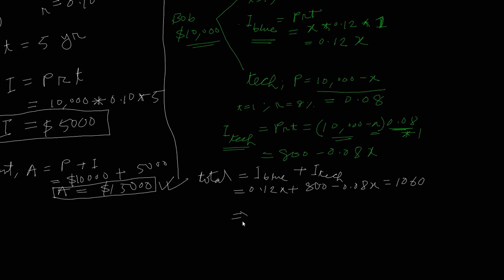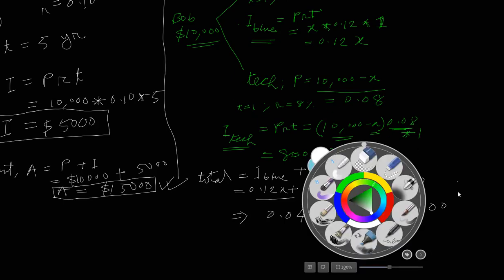Now let's solve this problem. We got 0.12x minus 0.08x, so 0.04x equals 1,060 minus 800. 1,060 minus 800 is equal to 260.